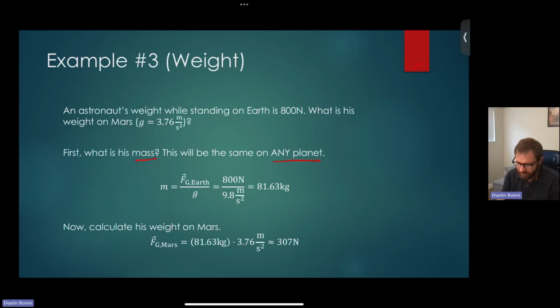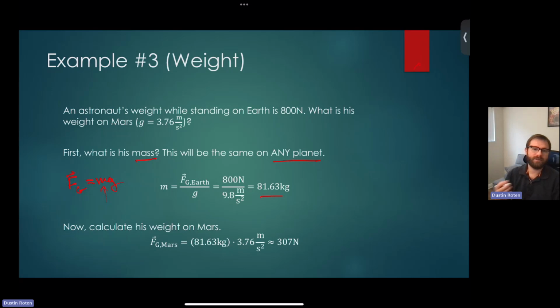All right, so we can actually just use the weight equation more or less. We know that Fg on Earth equals mg. So we're going to just solve for mass and then plug in what we know. He's 800 newtons divided by gravity here on Earth. That's going to give us a mass of about 82 kilograms.